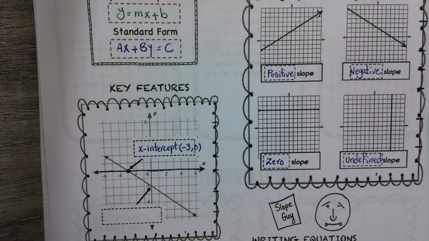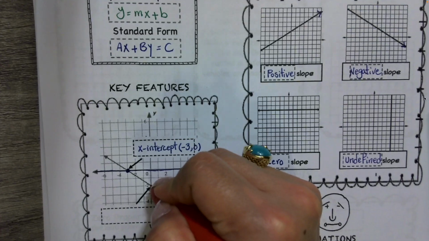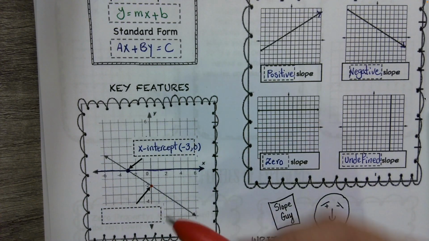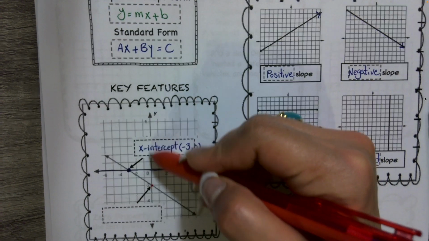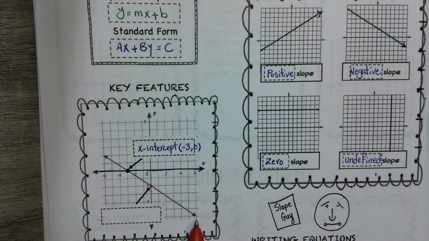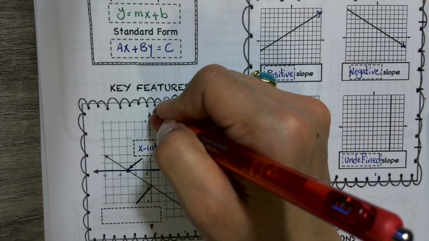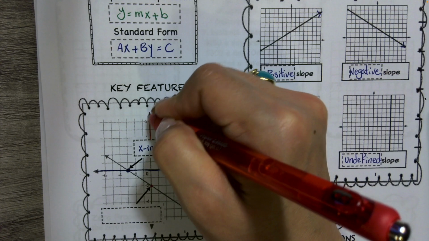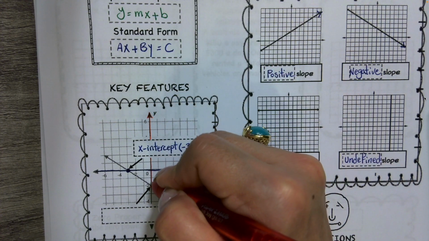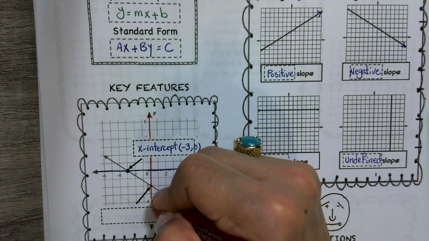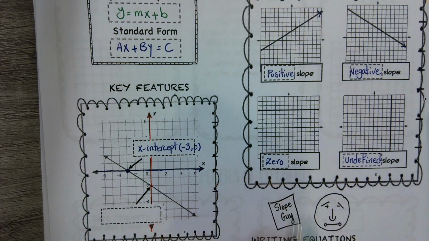But the y-intercept, on the other hand, is the point where the y-axis and the graph line meet. So that's your y-axis, and the line passes through that y-axis.